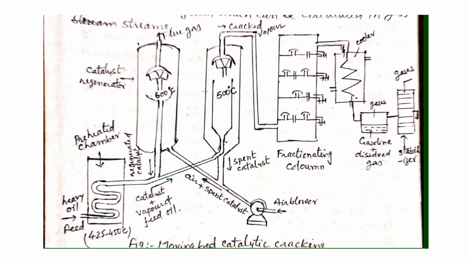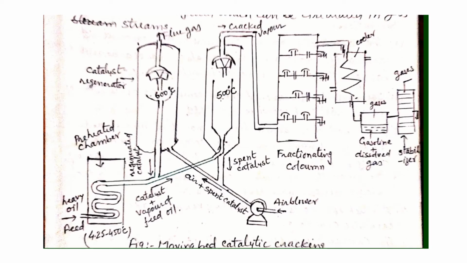Here we take the catalyst in hoppers which have holes, and these hoppers mechanically rotate, and the catalyst in the form of fine powder comes out from the holes and travels from the top of this column towards the bottom. So the non-living catalyst moves from upward to downward. That's why the name is moving bed catalytic cracking.